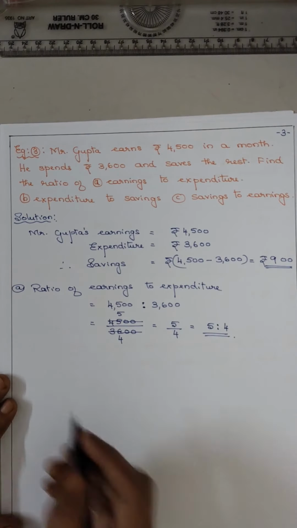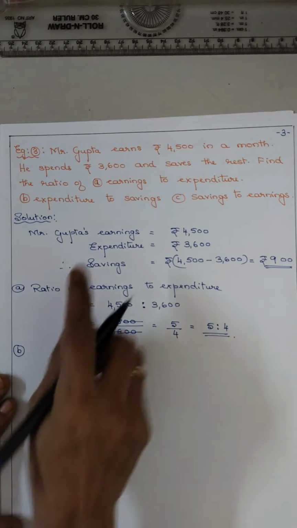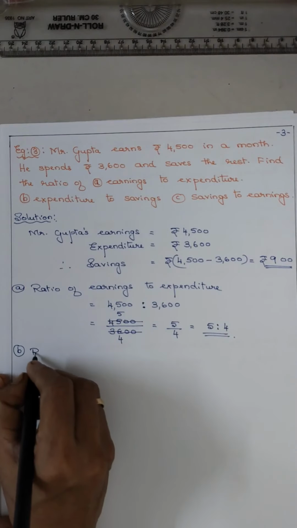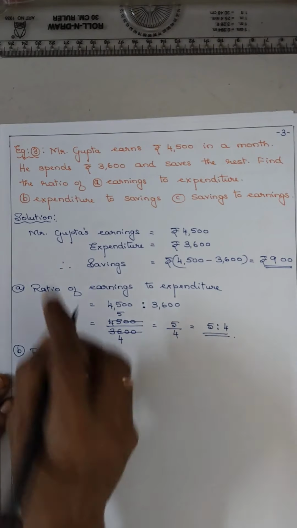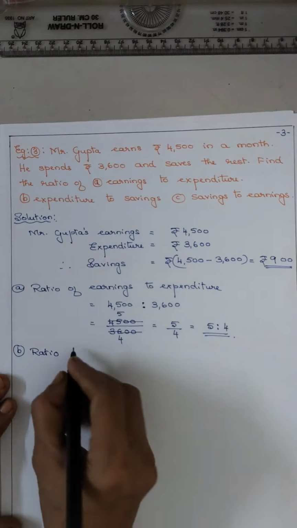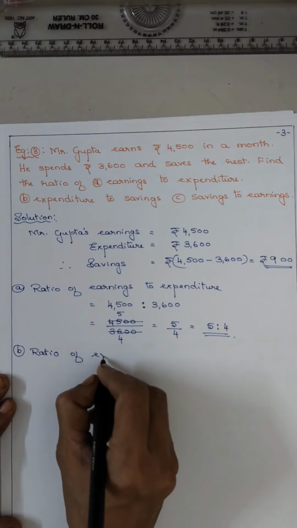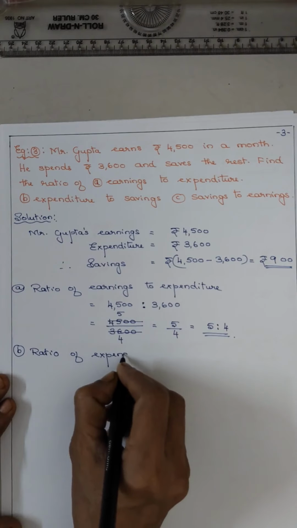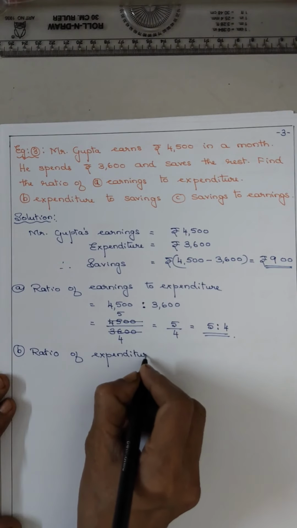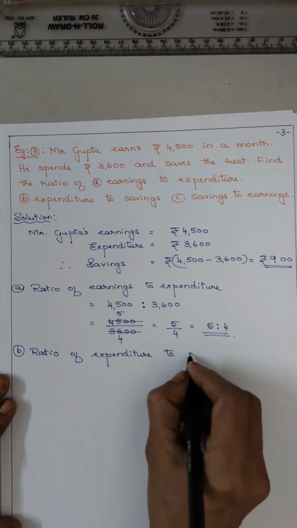First question's answer is found. Now second, the ratio of, you have to write, it is common, that is why it is given like this, ratio of expenditure to savings, expenditure to savings.